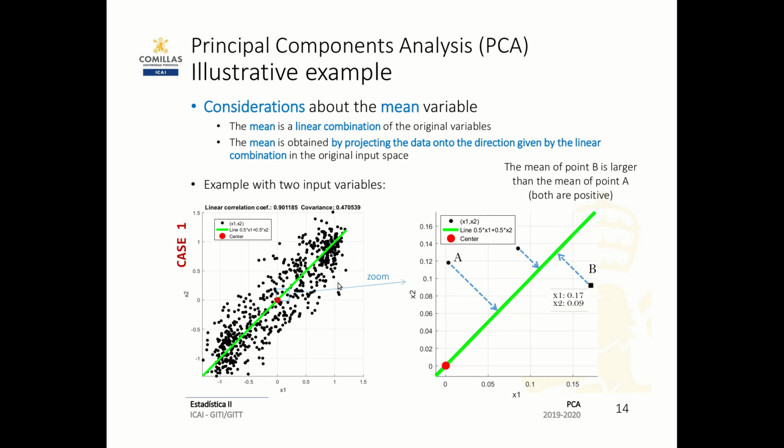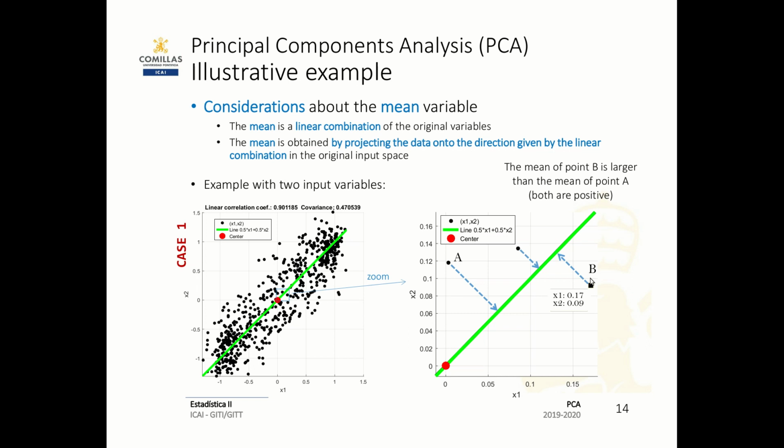So what we are doing by summarizing the data by approximating by this line is just projecting each one of these points onto this green line, or substituting every one of these points by the corresponding point in the green line.